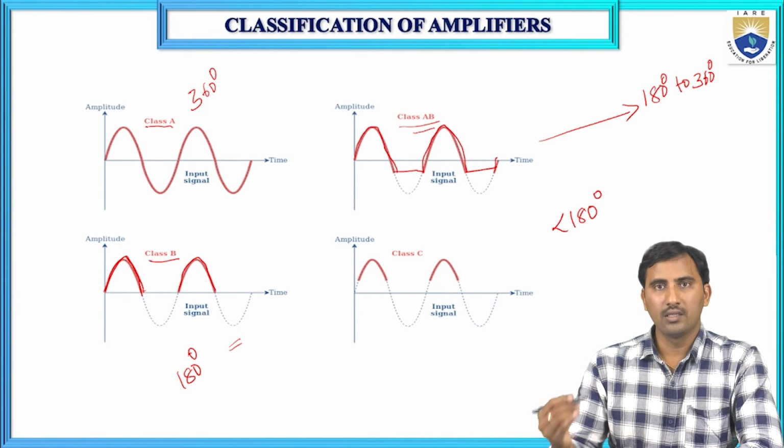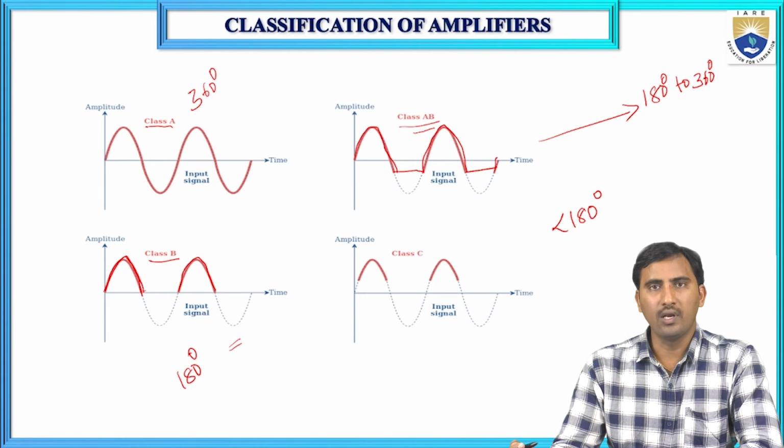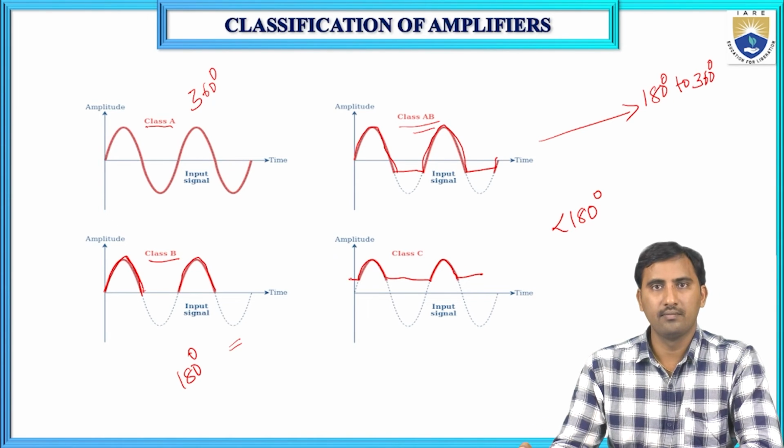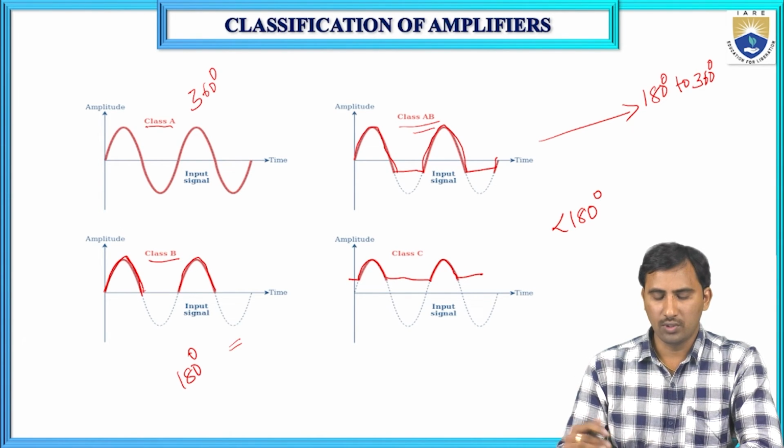That means the output current flows only for less than 180 degrees of the given input signal. Okay, so the output current flows like this, the output waveform. So this is a classification based on the operating point.